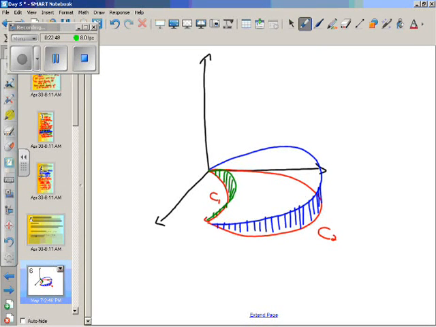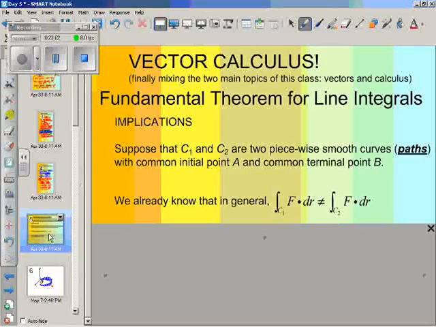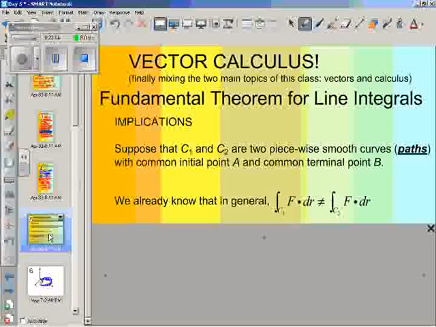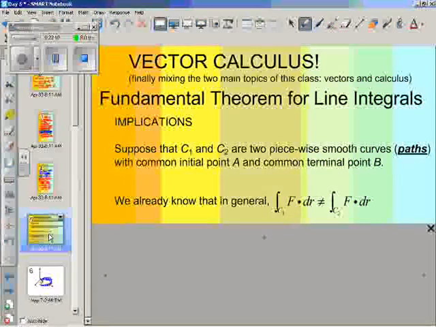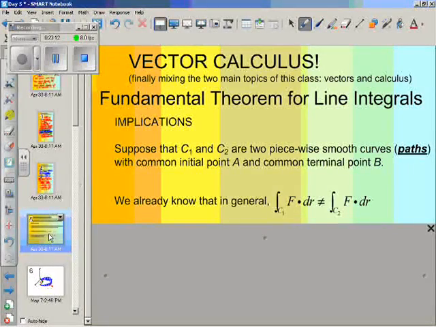But what does this tell you? Is that always the case? Will they always be different? Because remember, the restriction on the fundamental theorem is that the vector field we're integrating over has to be the gradient of some function.